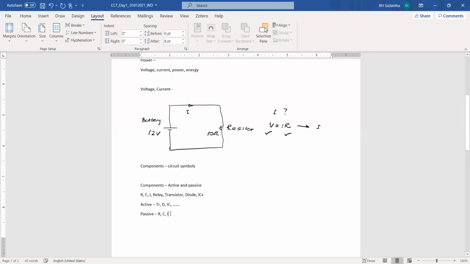Then what is the simple explanation behind this for active components and passive components? We have the theoretical explanation, and the definition also. But anyhow, we can have a simple understanding regarding these things. How can we divide this one? For example, if you take a resistor, using a multimeter, you can measure the resistance.